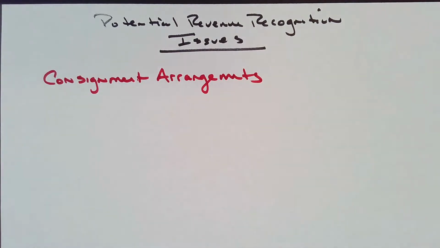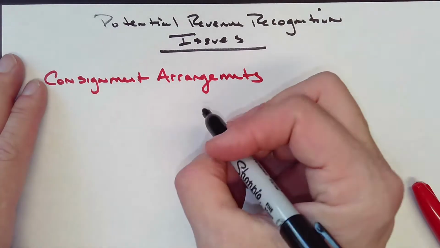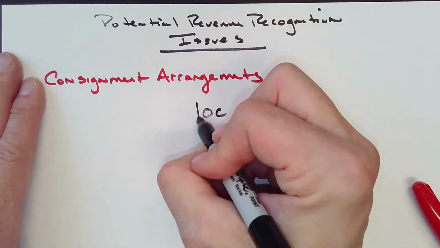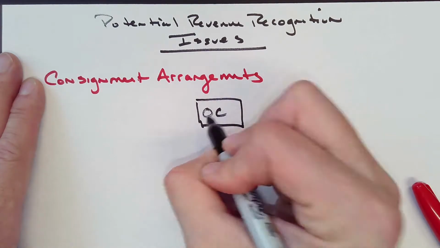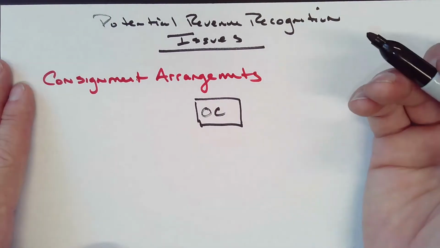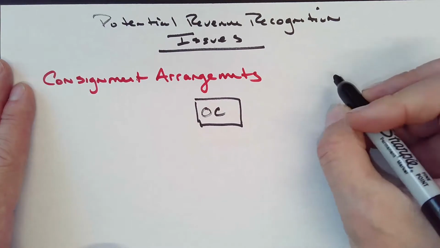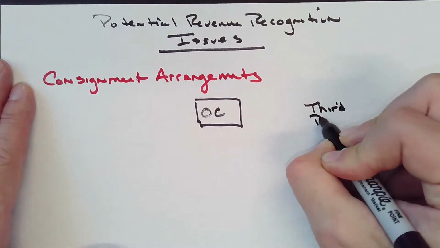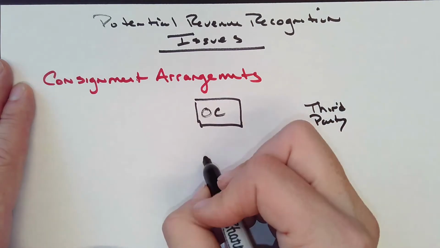So the first thing is, what the heck is a consignment arrangement? Well, this is when some third party, and maybe we draw a little schematic. This is our company, the OC. We have some third party, and we have our customer.